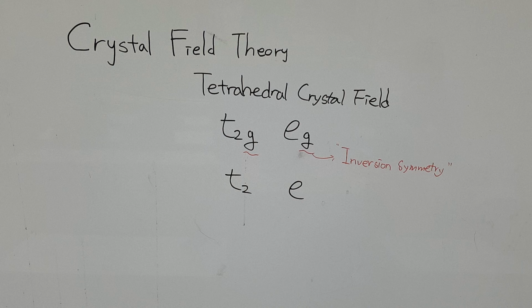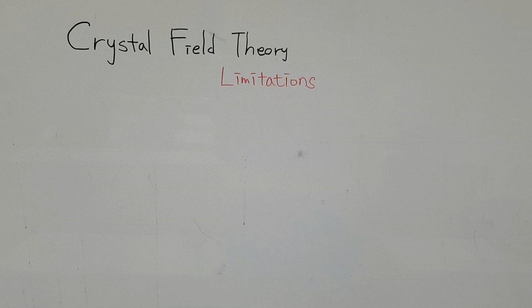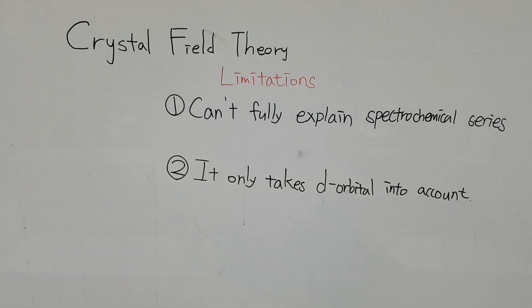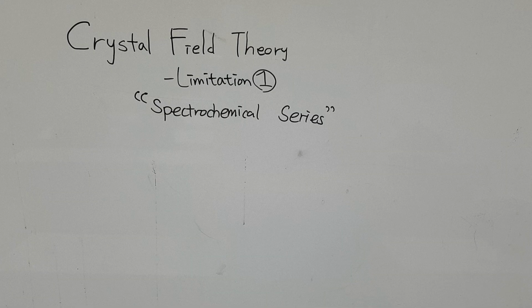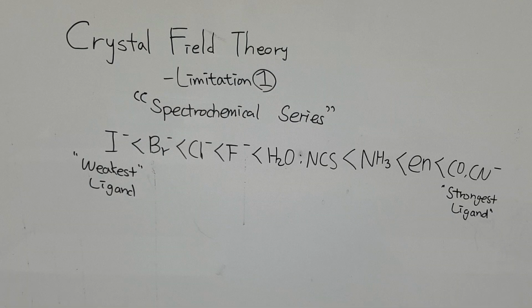However, CFT has limitations. There are mainly 2 limitations: it can't fully explain the spectrochemical series, and it only takes d orbitals into account. So, what is the spectrochemical series? There is an order of ligands by delta O called the spectrochemical series. This is the common spectrochemical series, and the ligands on the right side are much stronger than those on the left side.